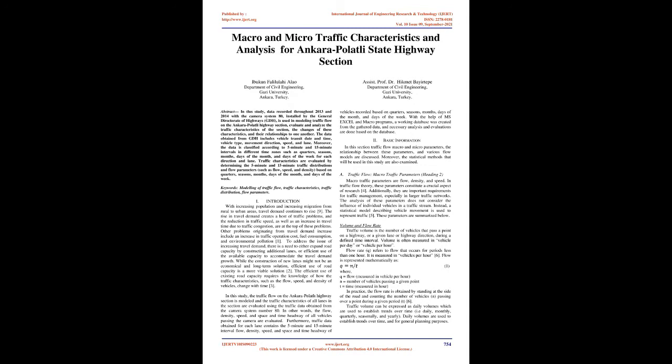Furthermore, traffic data obtained for each lane contains the 5-minute and 15-minute interval flow, density, speed, and space and time headway of vehicles recorded based on quarters, seasons, months, days of the month, and days of the week. With the help of MS Excel and macro programs, a working database was created from the gathered data, and necessary analysis and evaluations are done based on the database.